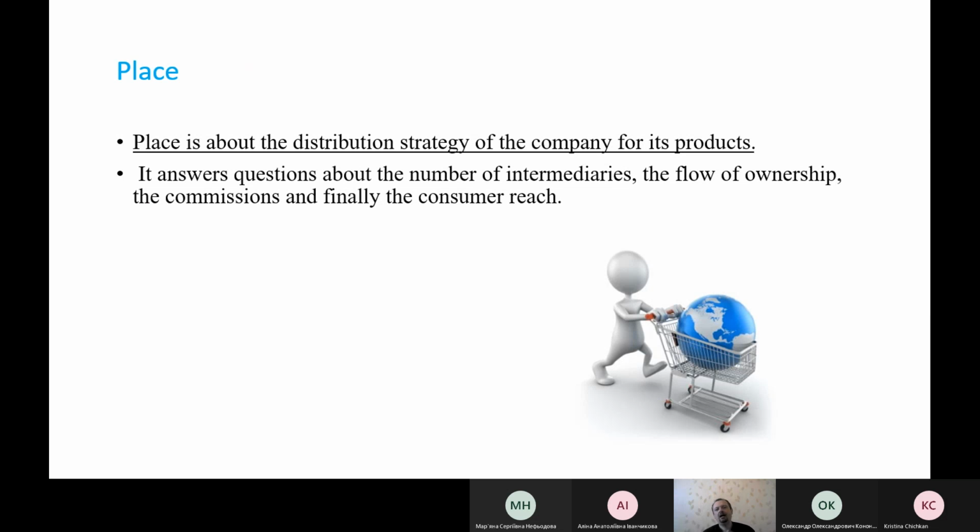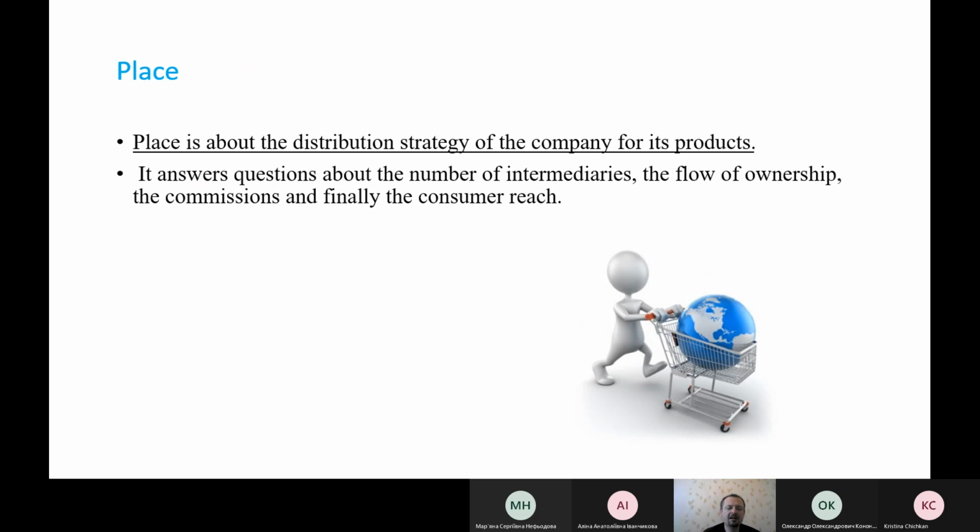Place. It is also very important to understand how your company is selling goods or services.